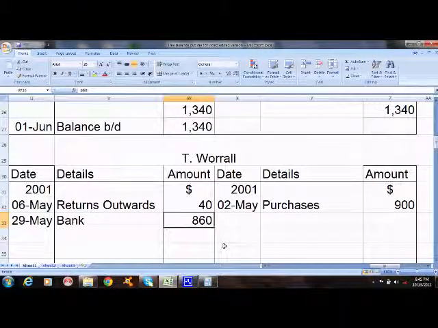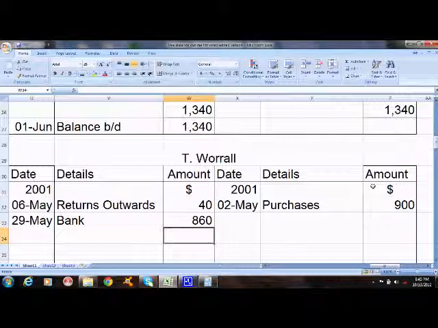Now we'll have this one now. Notice now that this one, if you add 40 plus 860, you get 900. 900 on the other side as well. In this case, my friends, when this happens, there is no balance.